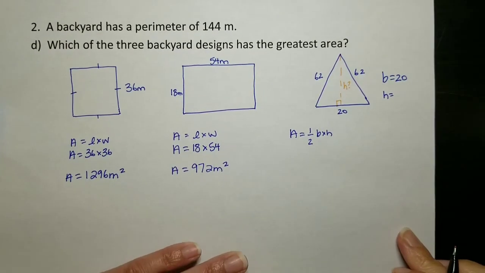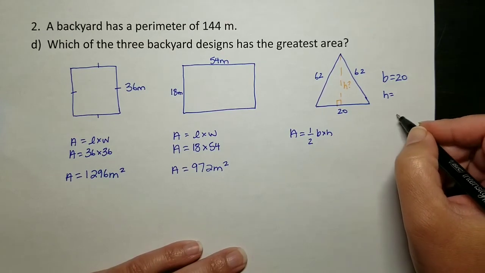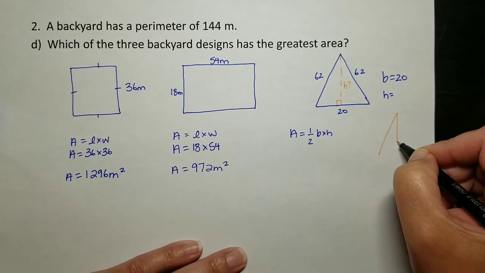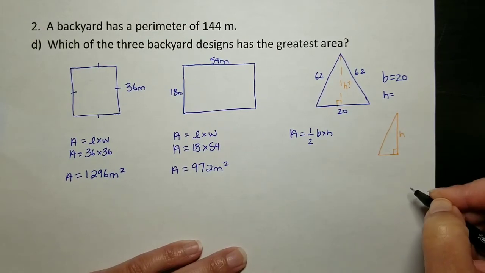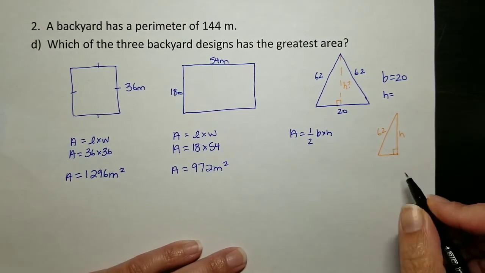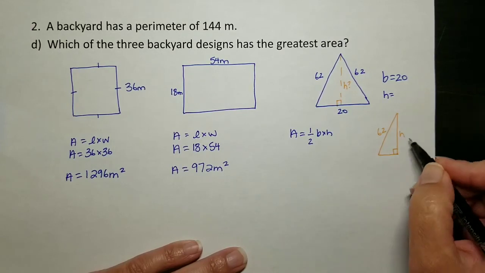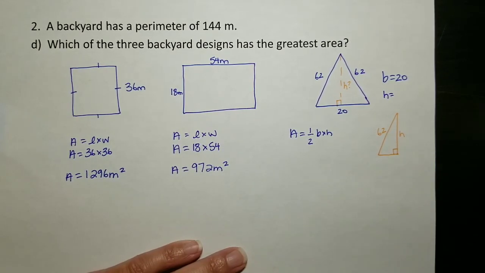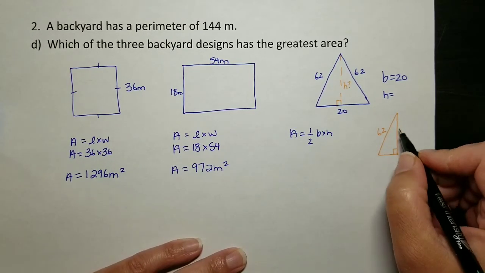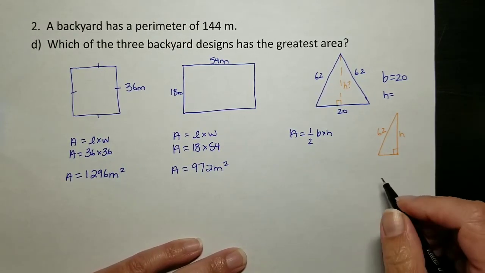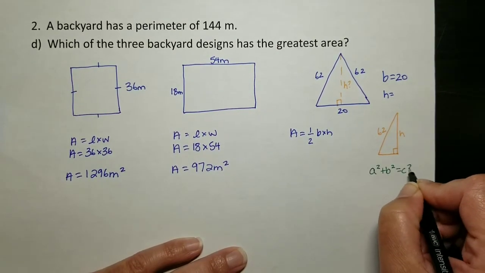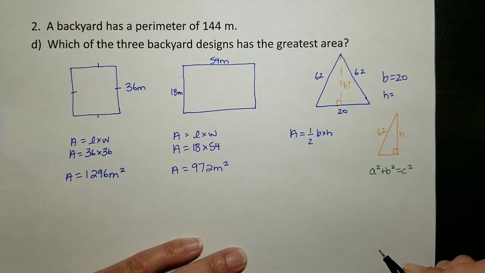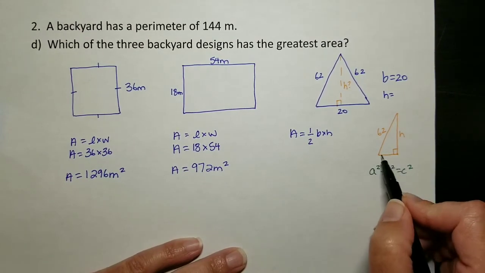This is a little bit of review from what you would have seen. If that's height, that's 62. What was the rule that we looked at in grade 8? You do a lot of this to find a missing side in a triangle. Do you remember a squared plus b squared equals c squared? Pythagorean theorem.